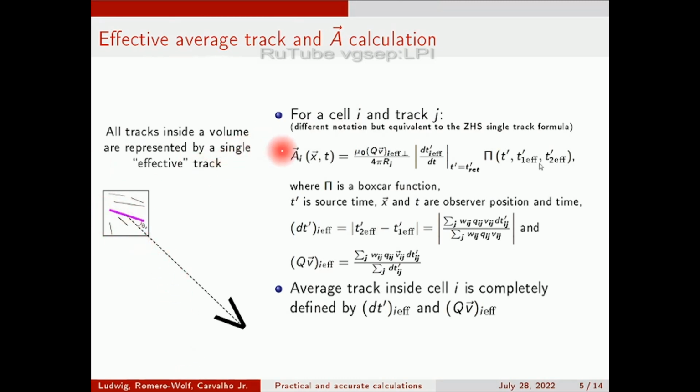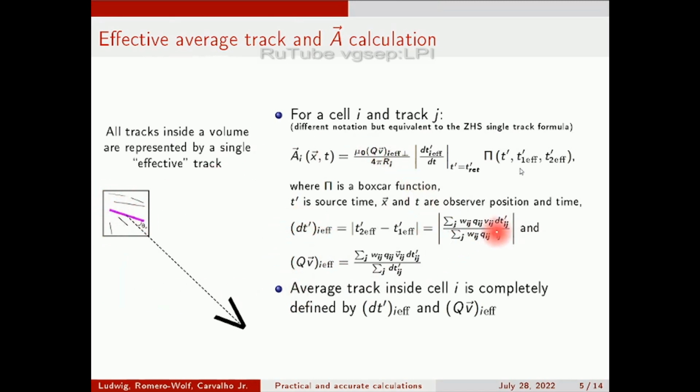This expression here is in a different notation, but I promise you it's completely equivalent to that expression that I showed in the first slide. The only difference here is that instead of the quantities of the track, I have these two quantities here, which is the vector Q and this effective time here, which is calculated like this and completely defines this average track.